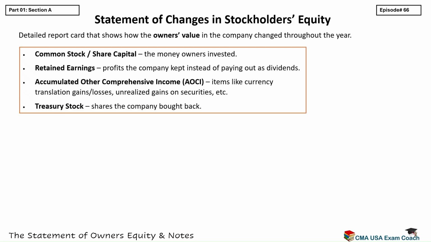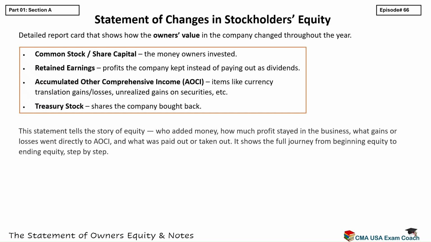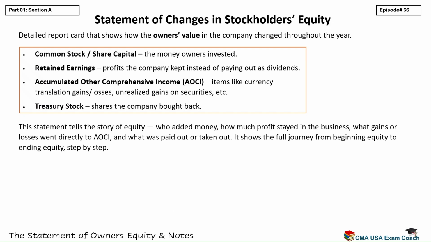Each of these accounts carries forward from year to year, so we need a statement that explains how and why each one changed. To make it easy to read, the statement is prepared in a column format, one column for each equity account, one combined column showing the total stockholders' equity. The statement starts with the opening balance, the amounts at the beginning of the year.